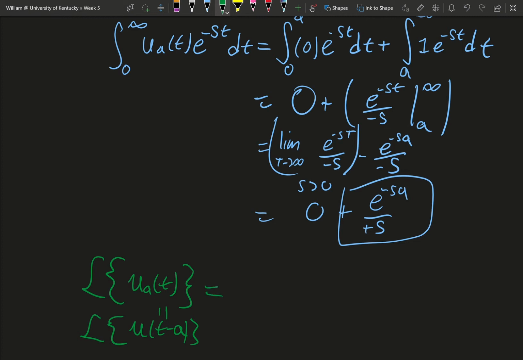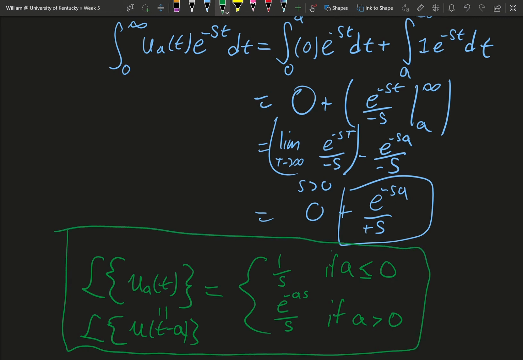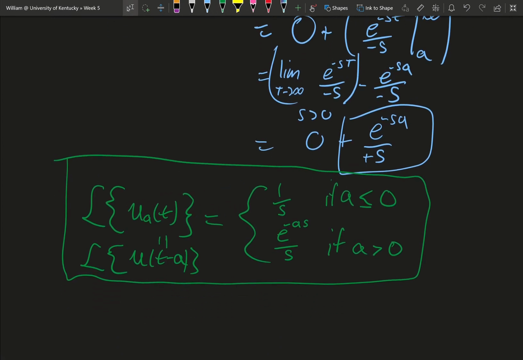So if a is less than or equal to 0, then the Laplace transform is just 1 over s. If it's greater than or equal to 0, it's e to the negative as divided by s. Okay.